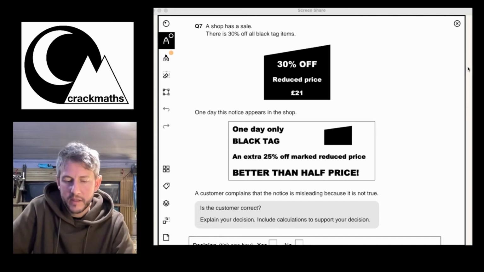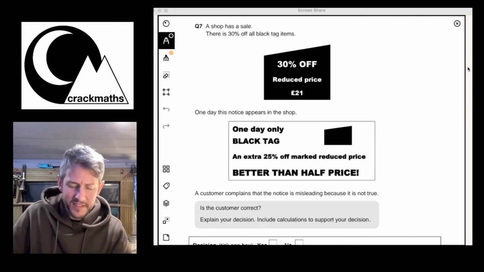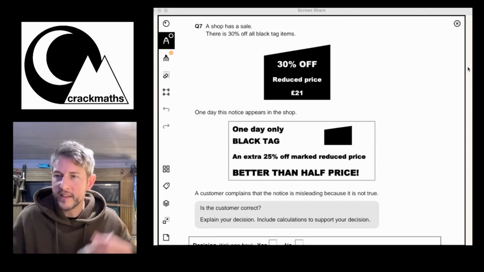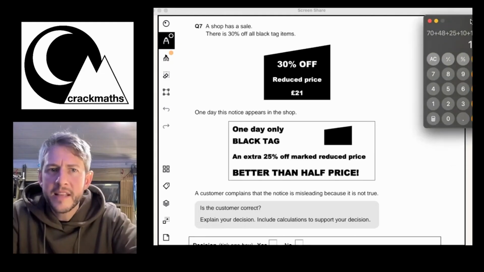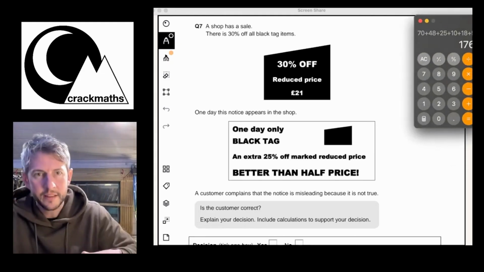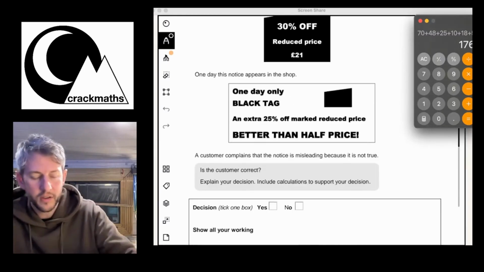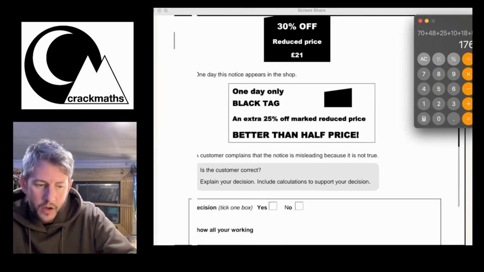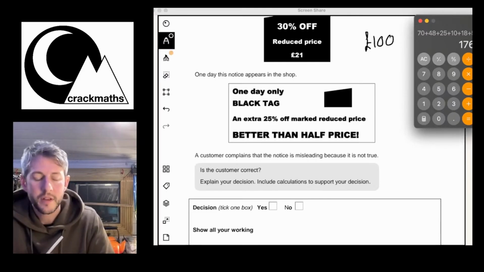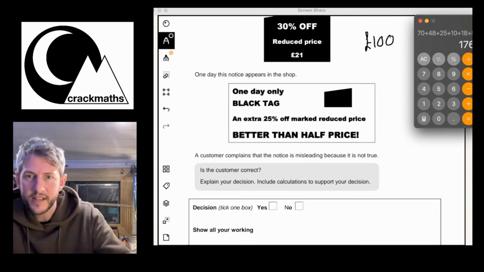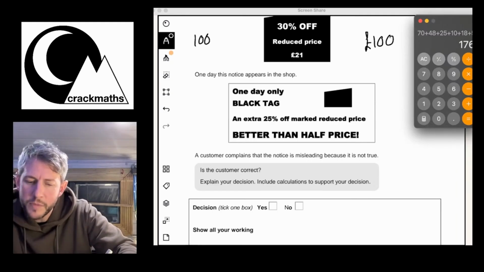Okay, so let's just make up a price for here and let's apply this offer. Let's say we've got an item that costs £100. So 30% off this item. So remember, if we want to reduce an item by 30%, we've got 100% and we're taking away the 30%.